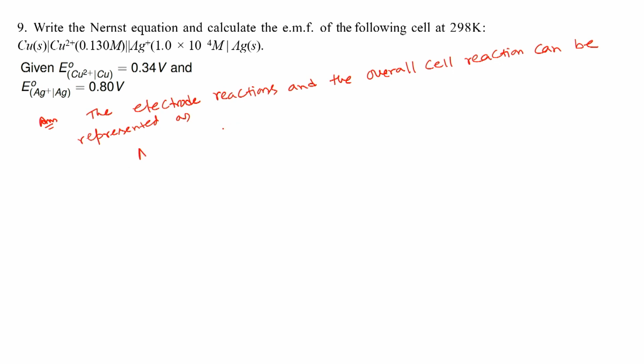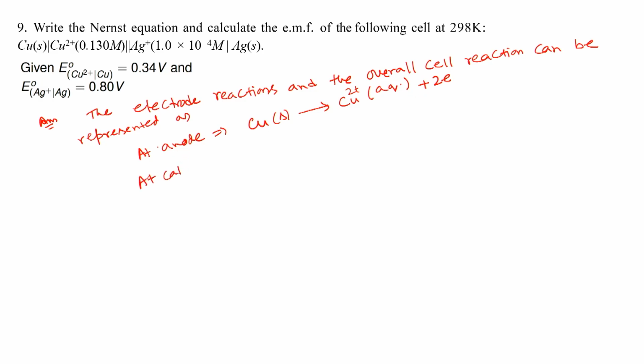So at the anode, Cu solid goes to Cu2+ with concentration of 0.130 molar, and 2 electrons, and this is the anode reaction.